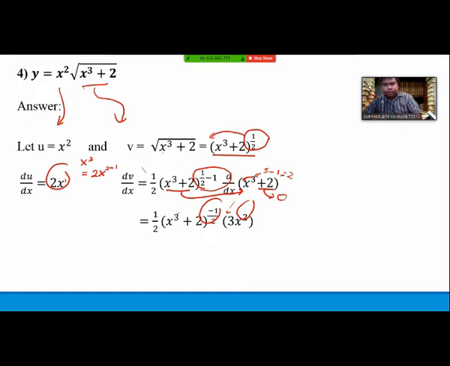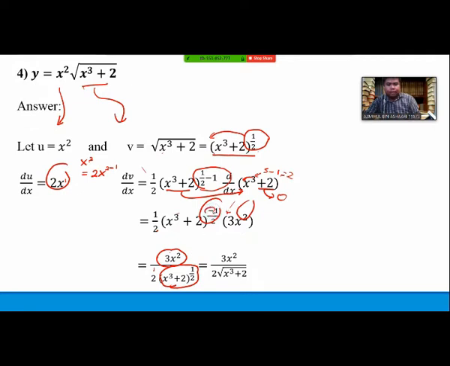Next, you simplify it. This one will become 3x power of 2, and 2 in here will be downstairs, and x power of 3 plus 2 power square root, power of half.